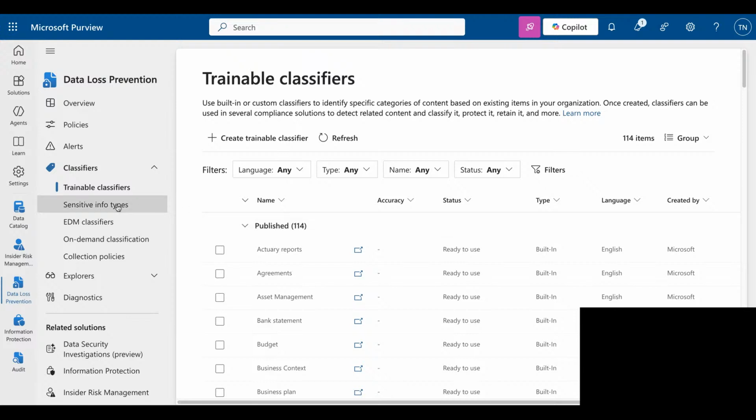So basically what they're saying is that this one, sensitive information type, sometimes it can make false positives because it doesn't read the context of the data that I'm processing or sharing. But this one, it's a bit more accurate because it's AI, right?